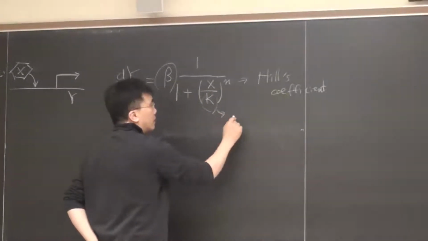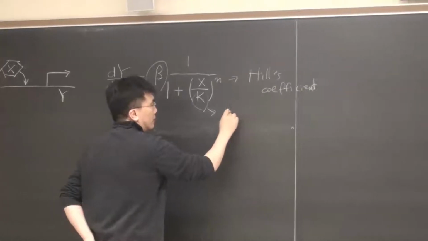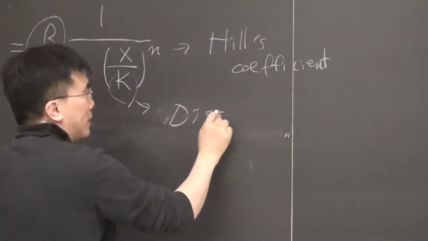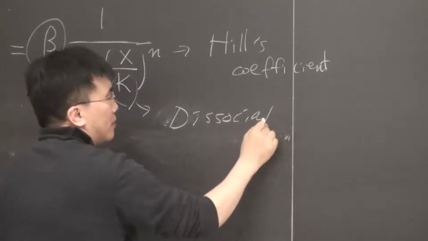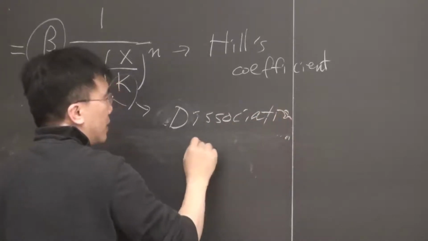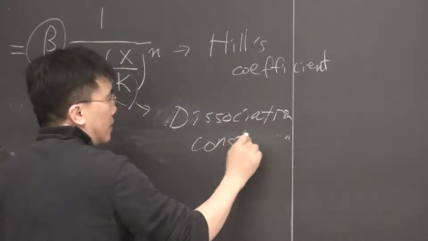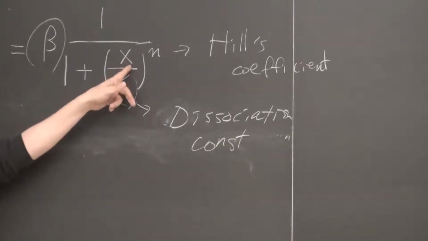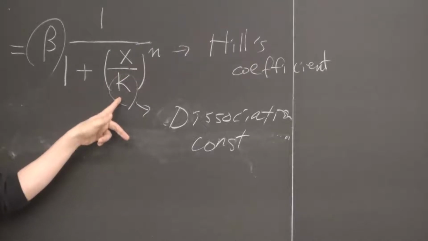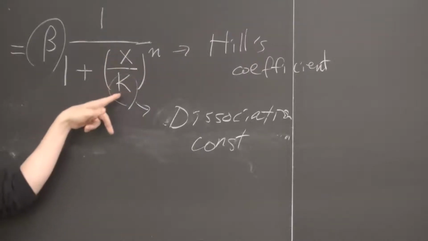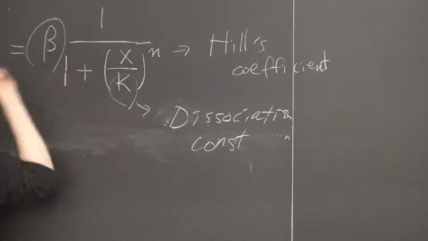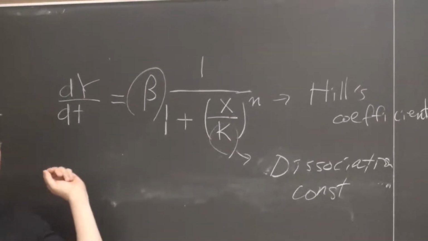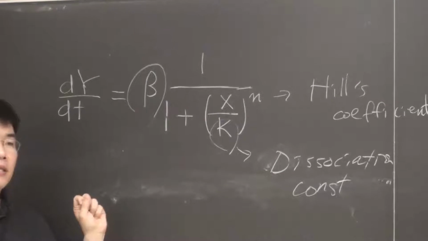And K here can be called a binding constant. Actually, the most common expression is a dissociation constant. And ideally, if the protein concentration is equal to K, then this becomes 1, and this effectively becomes 1/2, so that the production rate of that Y protein will be half of maximal.